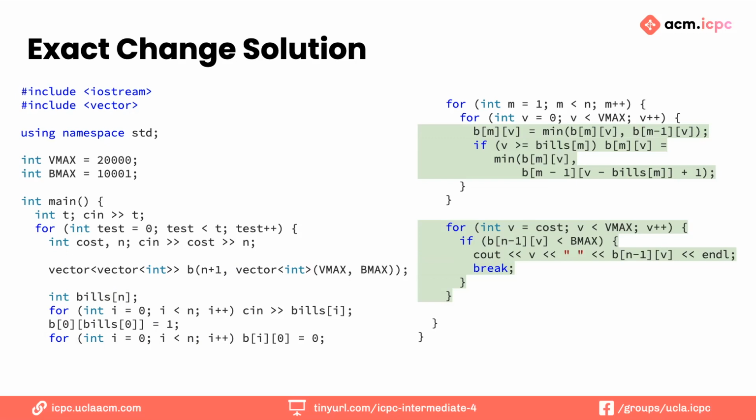And at that point, we will just print out the value of the column and the value of our table in that cell in our final row, which will represent the value that we're paying and the bills that we're required to pay that value. And then we break so that we don't output a bunch of other values past that. So, a little bit complicated, but this is knapsack dynamic programming, if you ever heard of it, and now you know.